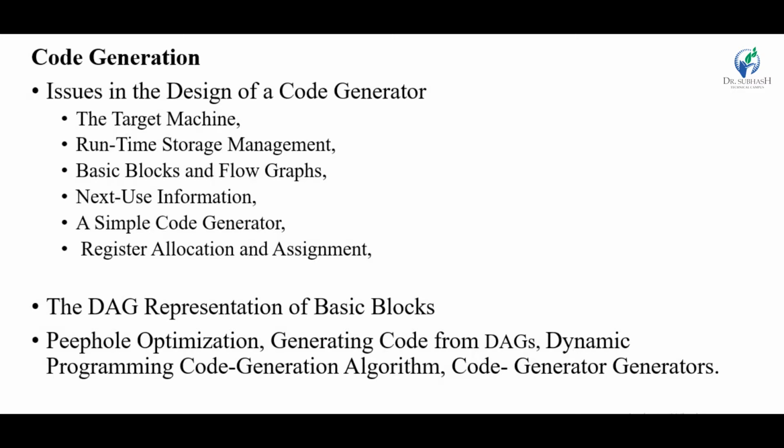Then quick code generation. Issues in the design of a code generator are the target machine, runtime storage management, memory management, instruction set selection, basic blocks and flow graphs, simple code generator, register allocation and assignment.